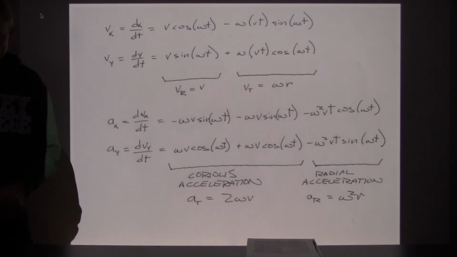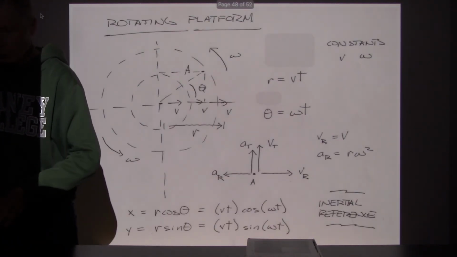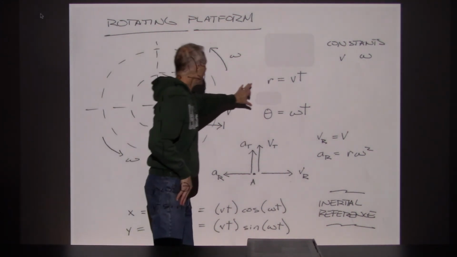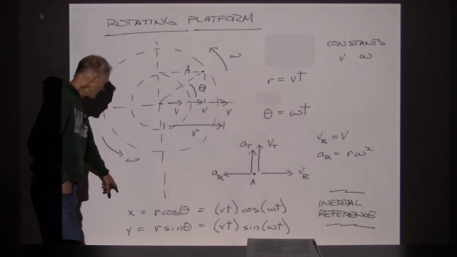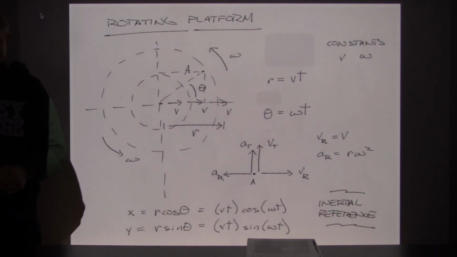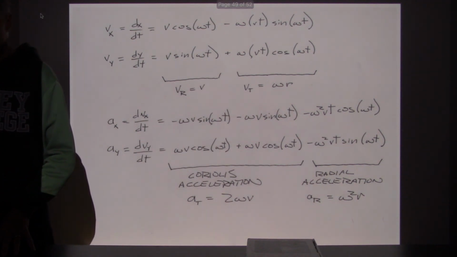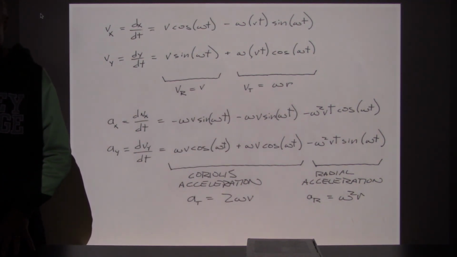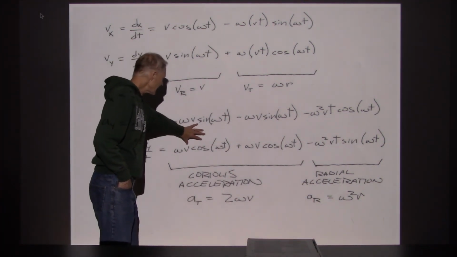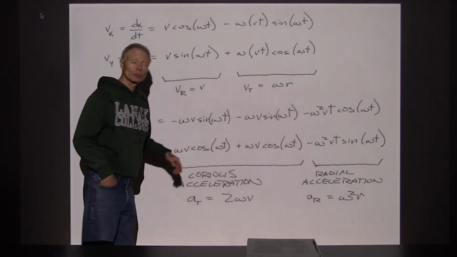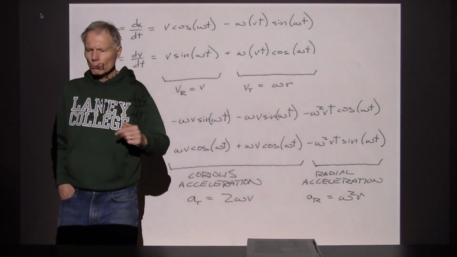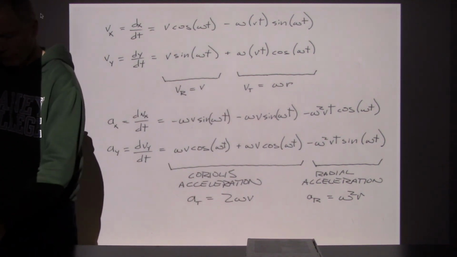So again, by taking this rotational motion, converting from r and theta, from polar coordinates back into rectangular coordinates, and then taking a couple of time derivatives, gives us kinematic equations for the motion of the object. Once we get to the acceleration components, we can identify the tangential effect, which is referred to as Coriolis, and the radial effect, which we've already derived using a different approach.